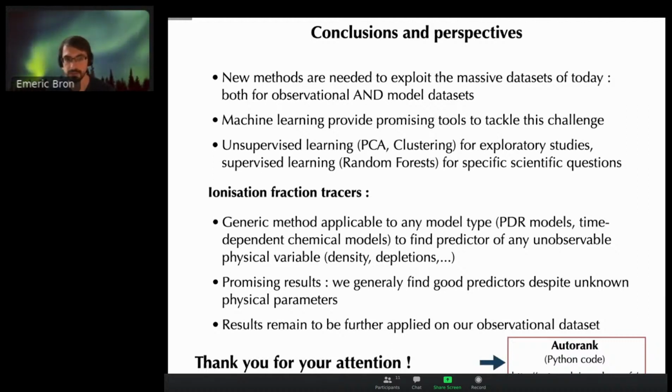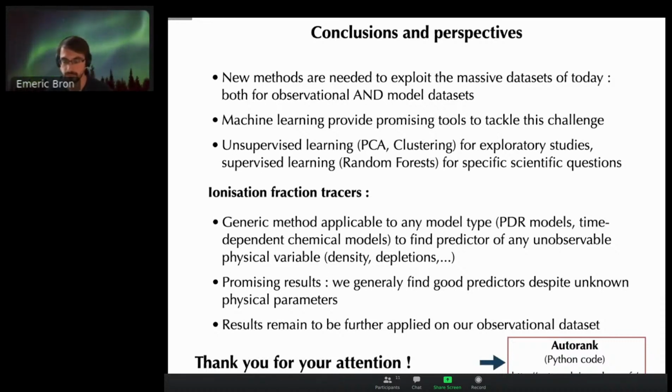For instance, if we see variation in the ratios of 13CO to 12CO, we have to disentangle chemical effects from variation in the elemental abundances. And so far, I think everything we have found was more related to chemical variations than metallicity variations. But we cannot exclude that there are some variations in metallicity.